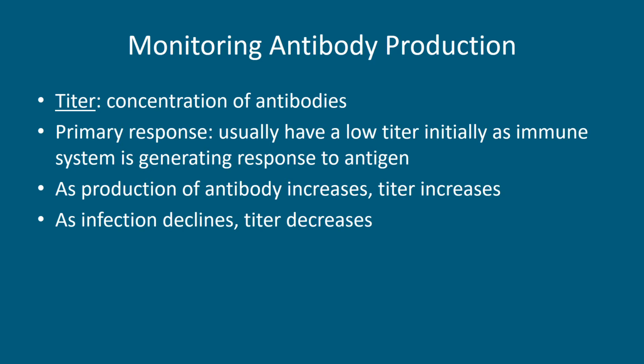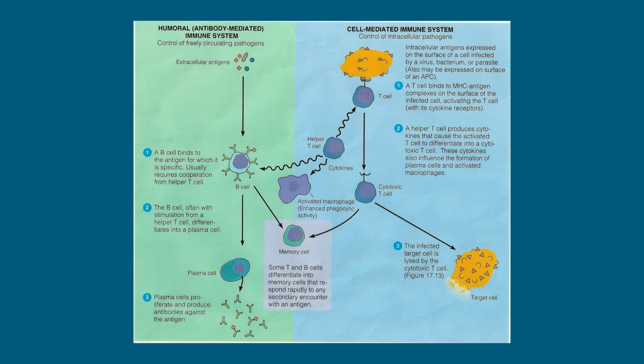A booster is going to trigger that memory response so that you have increased production of the antibodies to get the levels back up high enough. It will provide adequate protection should you be exposed to it. So typically, as the antibody increases, the titer is going to increase. If the infection decreases, the titer will then decline.